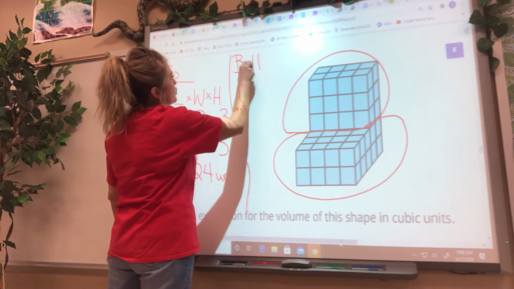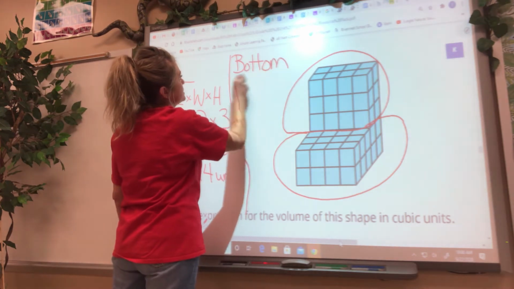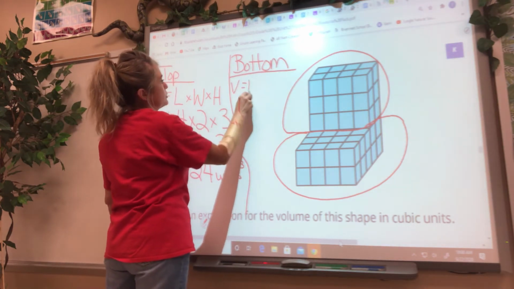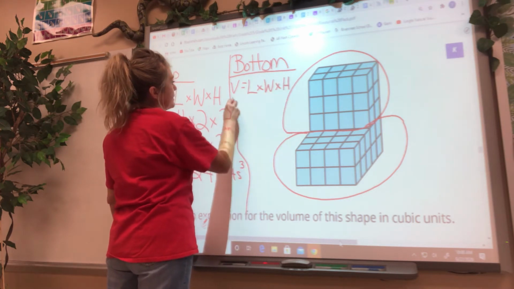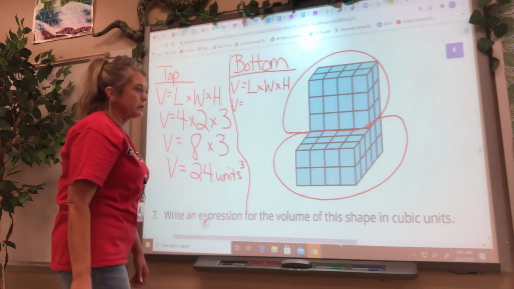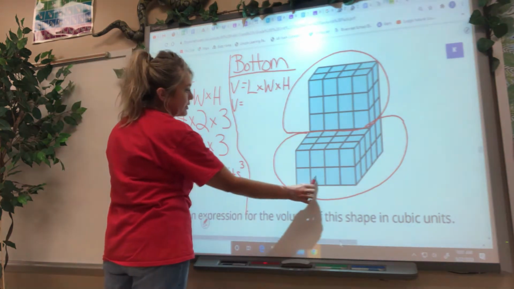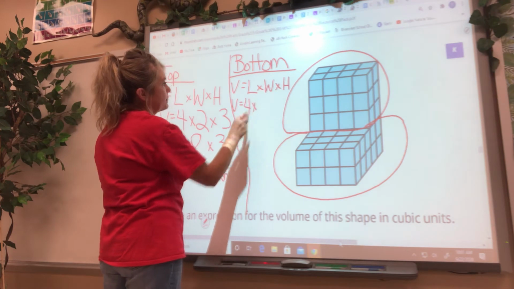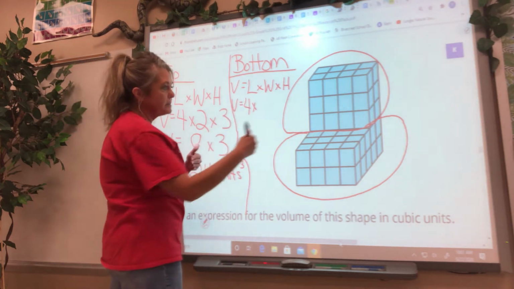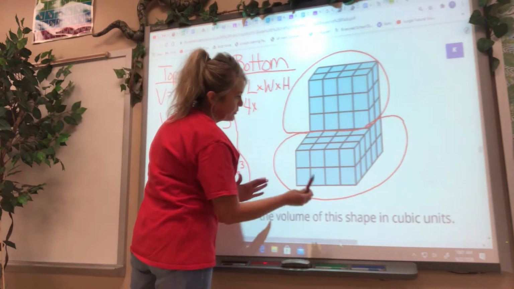The formula does not change. We're still looking for the volume, so it will still be length times width times height. So if I look at the one on the bottom, we have 1, 2, 3, 4. And then the width is like how deep it is. So we look at it from front to back.